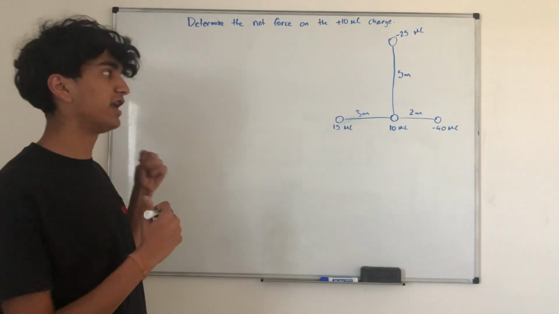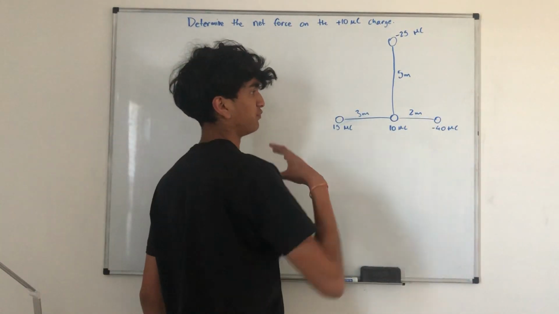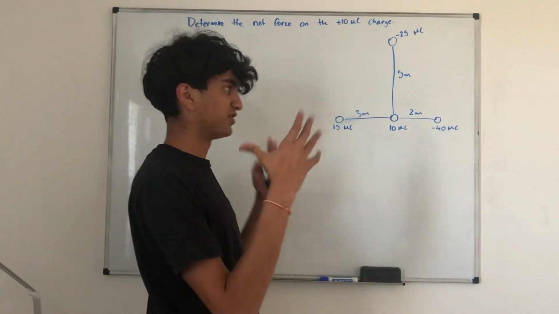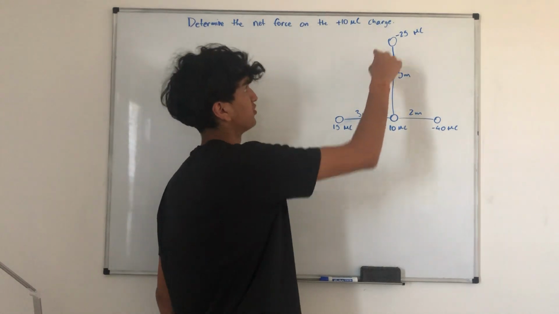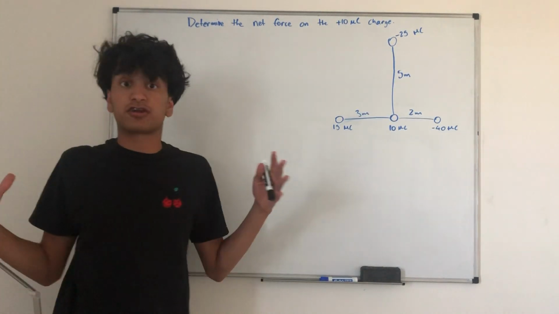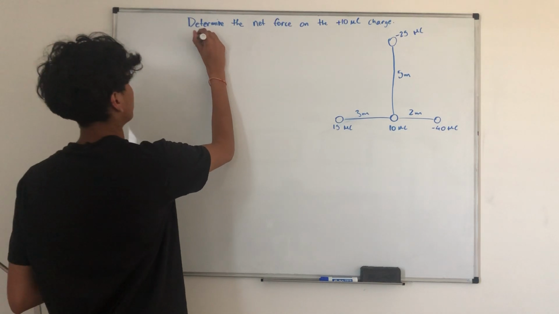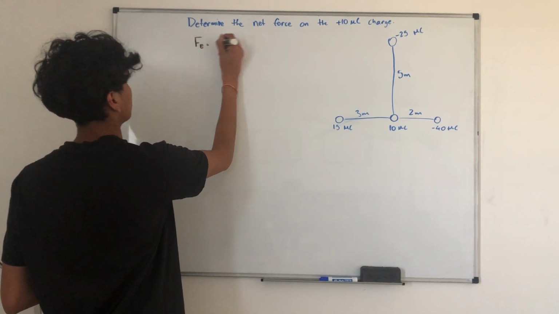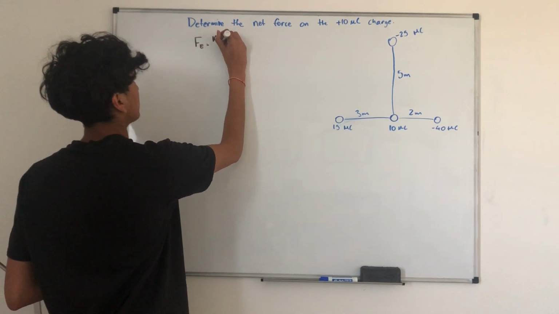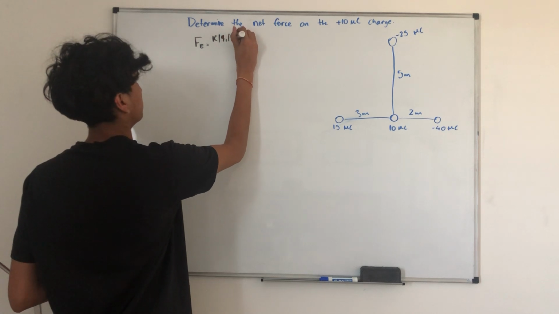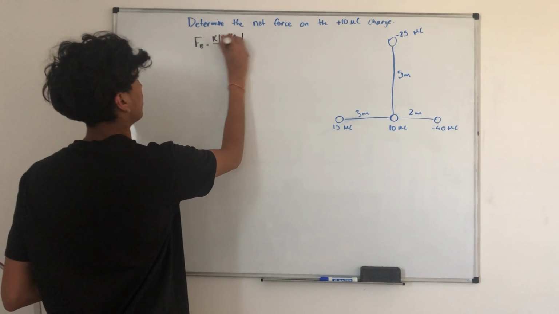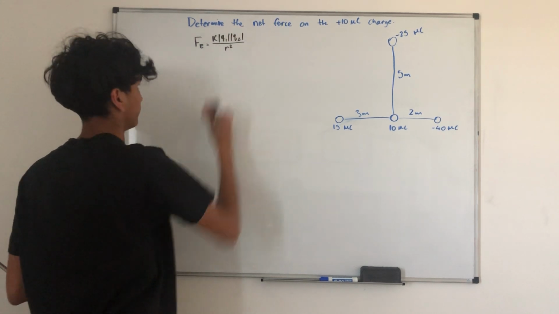You're summing up the forces by this charge and this charge and this charge, and they're vectors. So we think about the electric force equation, Fe equals K Q1 Q2 over R squared, using absolute values.